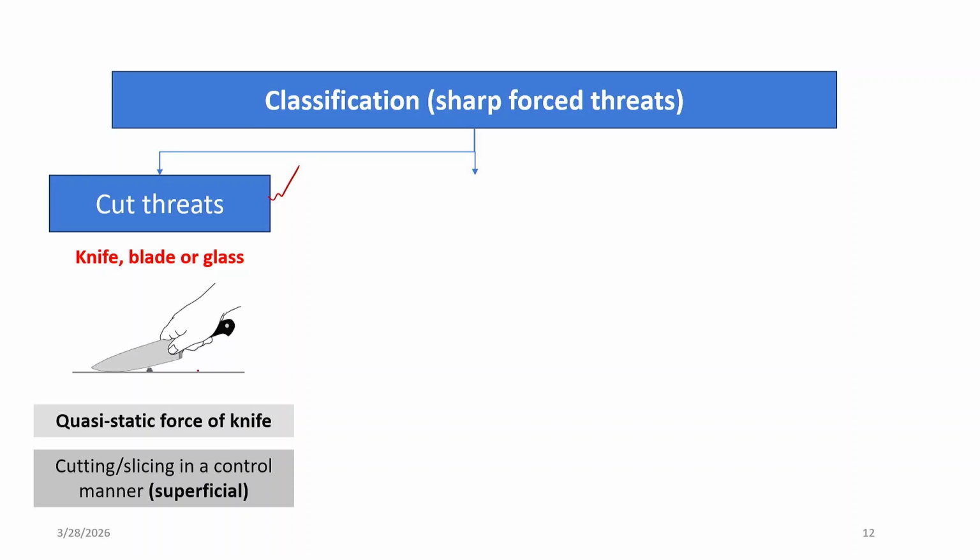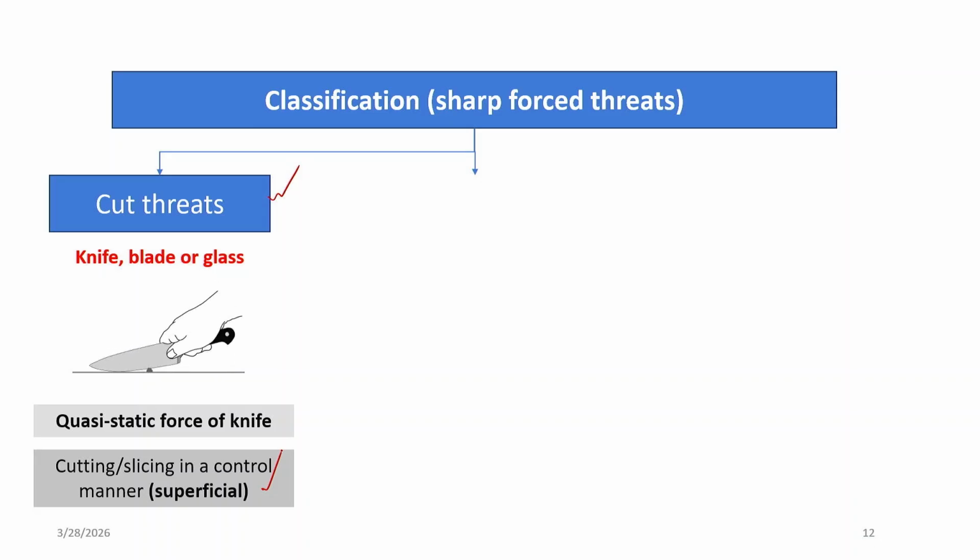This is at slow motion, in cutting or slicing in a controlled manner, that is, superficial cutting. When we are cutting, it does not go in depth.